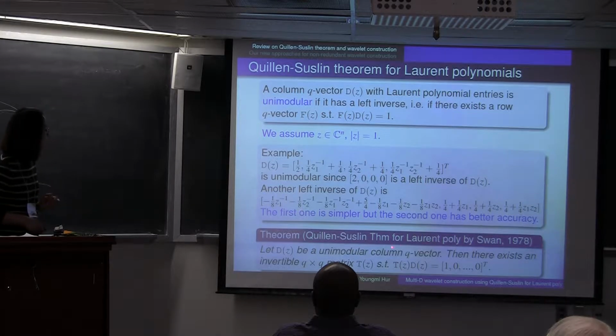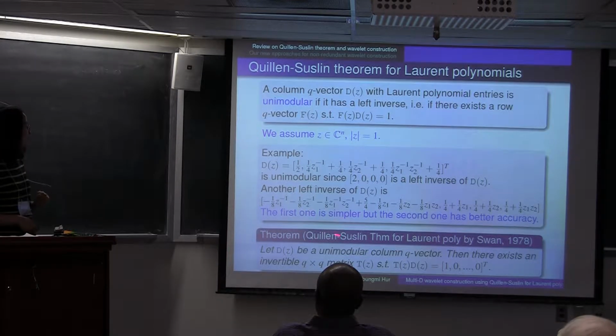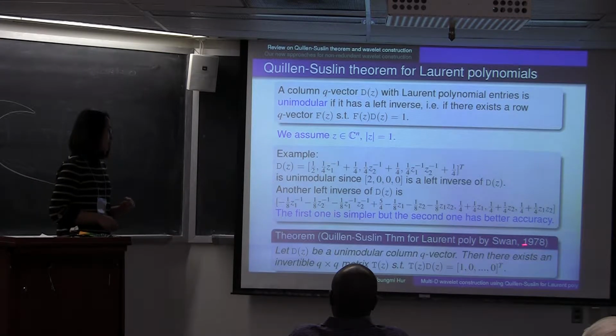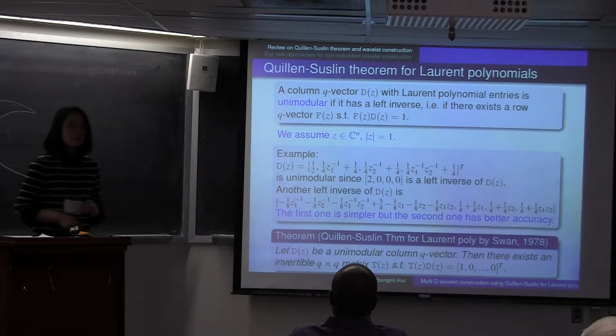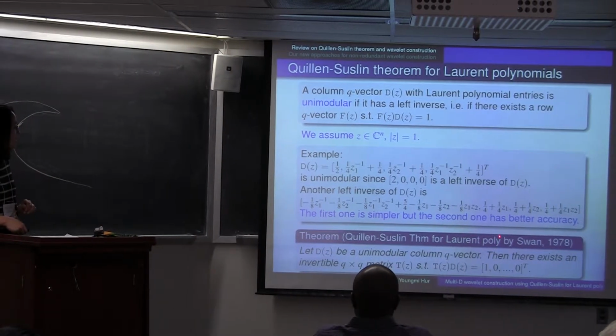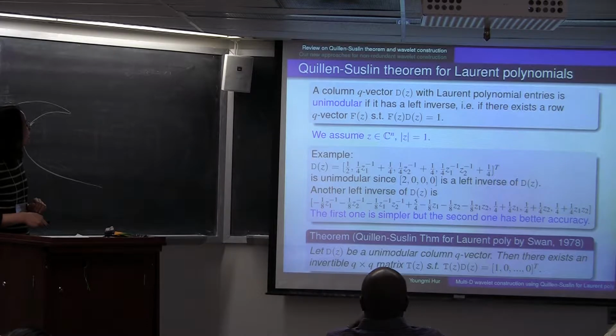If you drop the Laurent condition, it's just called the Quillen-Suslin theorem, which was proved by Quillen and Suslin independently, I think about 2 years before this year. We will be using only the Laurent polynomial version.